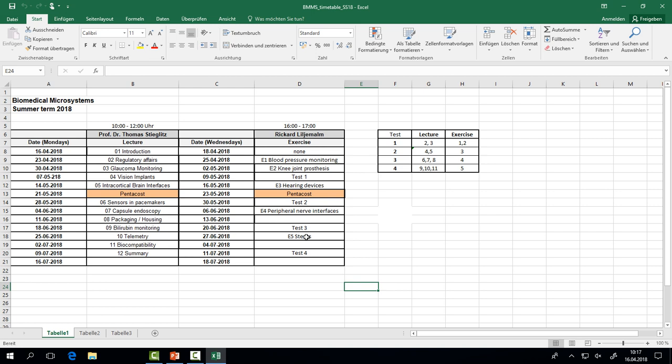If you become sick or whatever, it's good to immediately check if there was a test or not, and approach Rickard, so that we can look for an empty room and another test for you or something like that.